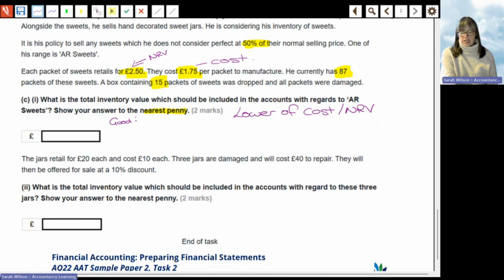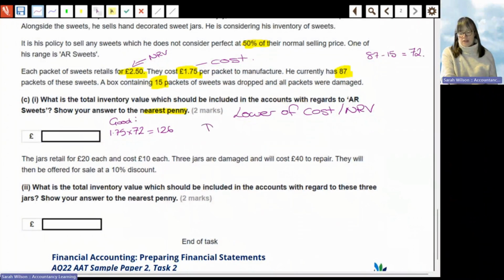So our good stock is going to be the lower of those, so 1.75. We have 87, but 15 of those were damaged, which means we have 72 good, times 1.75 by 72 to give 126.